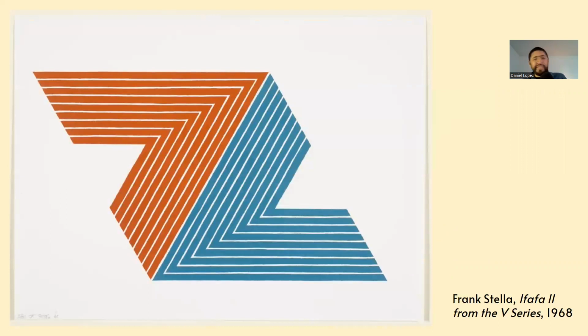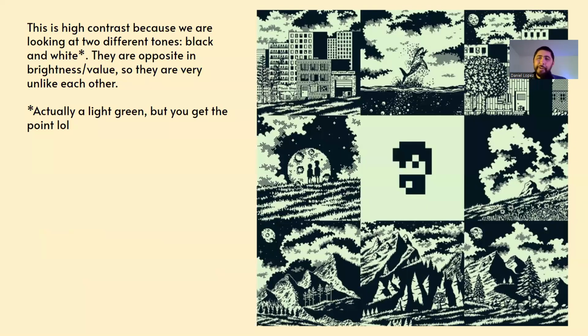So contrast here, they're the exact same shape pretty much, but the contrast lies in the colors, right? So even though there's little contrast between the shapes, there's huge contrast between the colors. Pretend this light green is white, but there's so much contrast here because there's no gray middle tones.